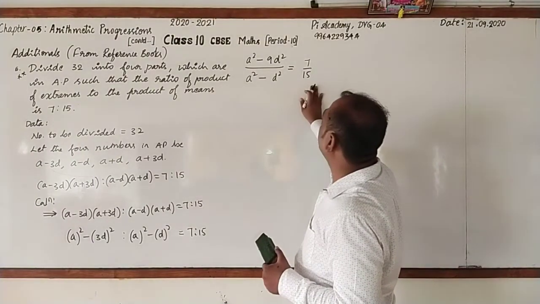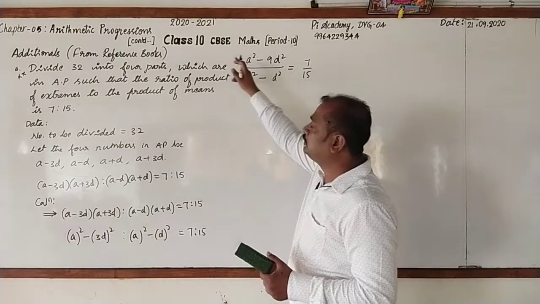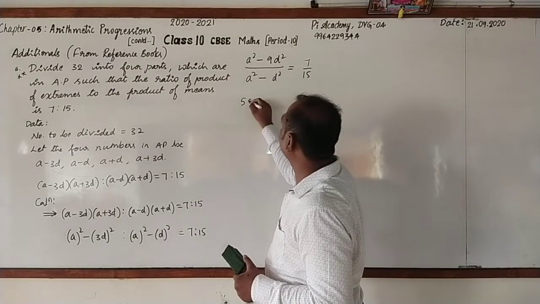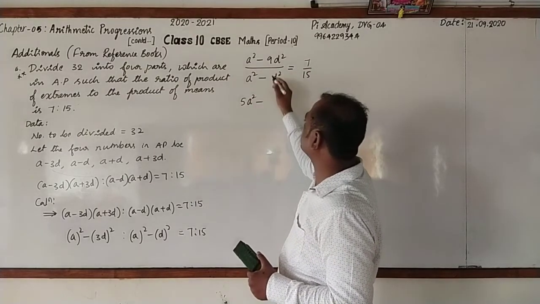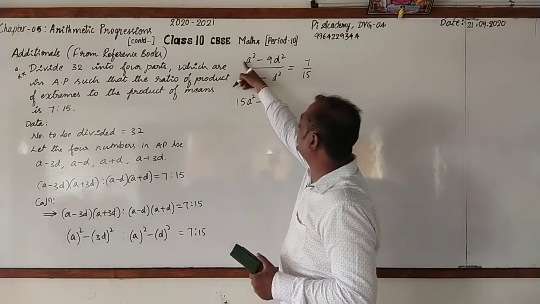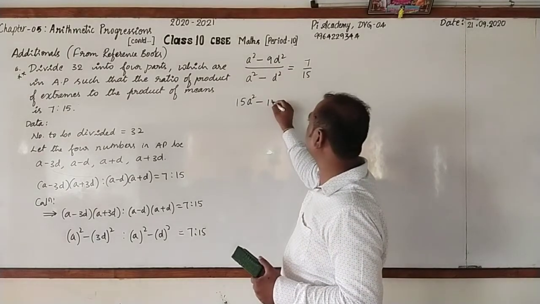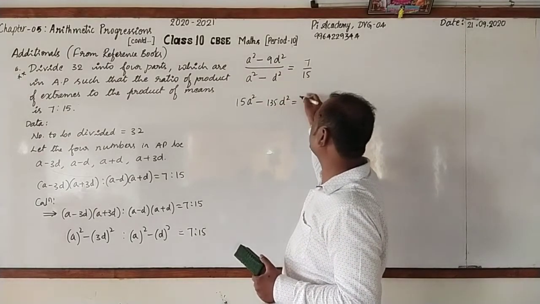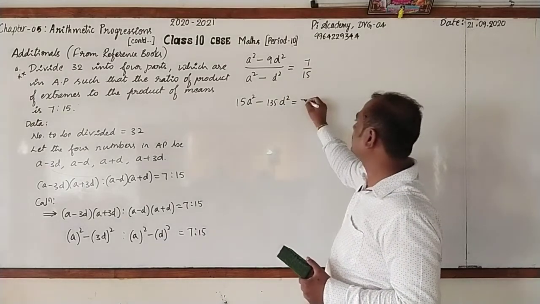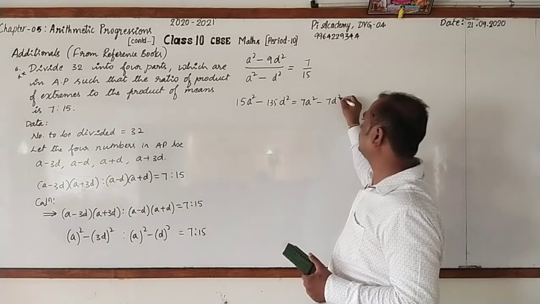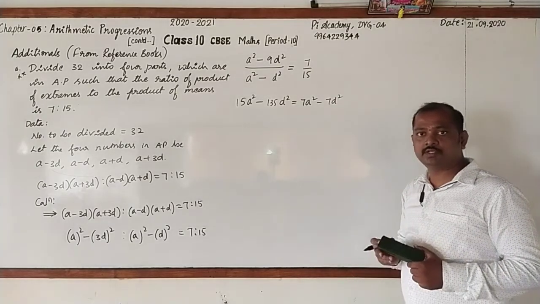Next, here you may go for cross multiplying that. This is 15 into a square, 15a square minus 15 into 9, it is 135d square, which is equal to 7 into a square, 7a square minus 7 into d square, minus 7d square. Got it?